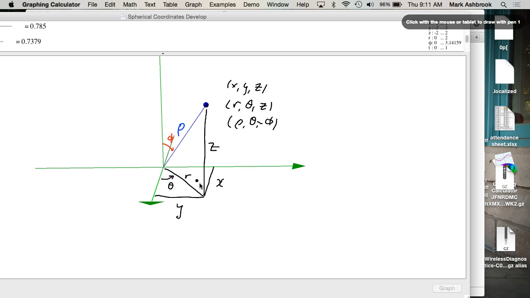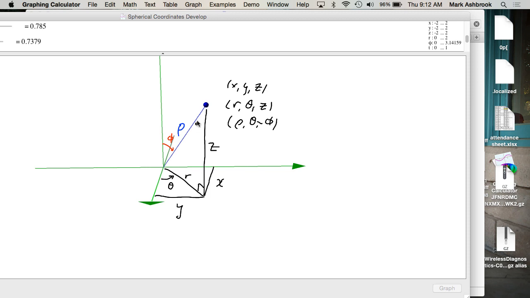For R, z, and rho, what's that angle right there? In this vertical triangle. That's a 90. Do you see it? Yeah, R is in the xy plane, z is straight up. That's a 90-degree angle. Okay?